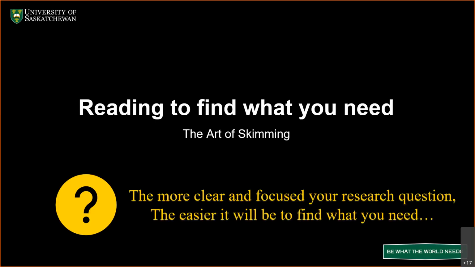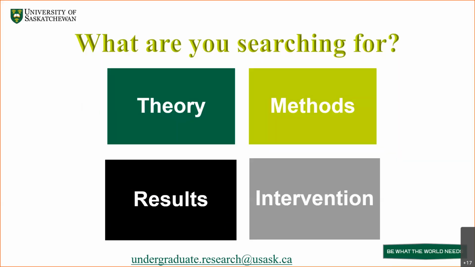Otherwise, if you're studying climate change without defining it to a particular place, a particular time period, or a particular issue around climate change, let's say drought or flood or tornadoes, you're going to be buried in research. So the more clear and focused your research question, the easier it's going to be to find what you're actually looking for.